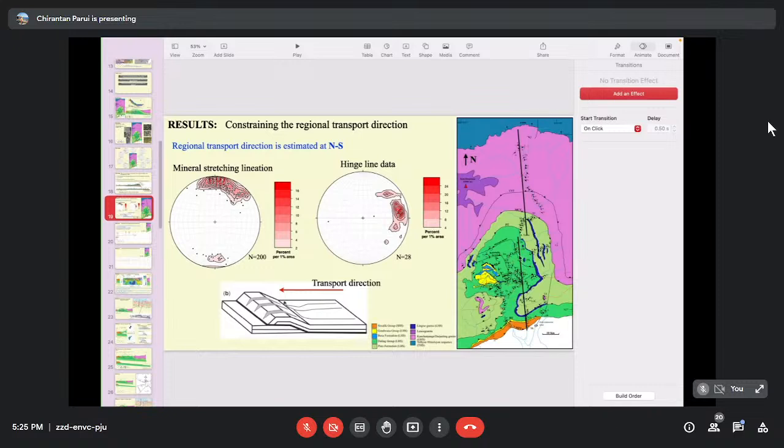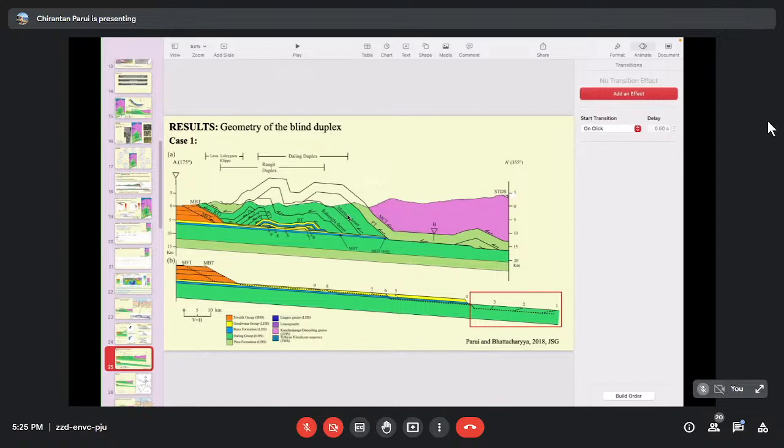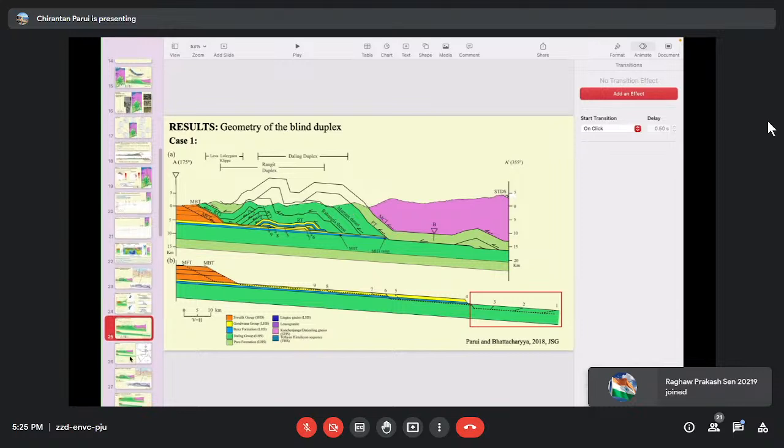So they are not really perpendicular, they become subparallel. They are portrayed as horizontally dipping thrust, but they pick up the dip and become much steeper as we move up from that part, and that's how I constrained it. Answer your question.